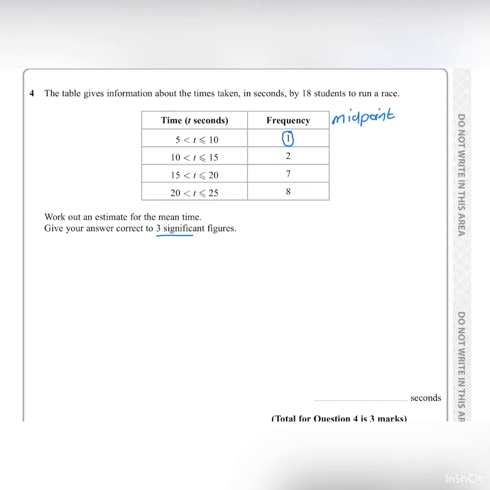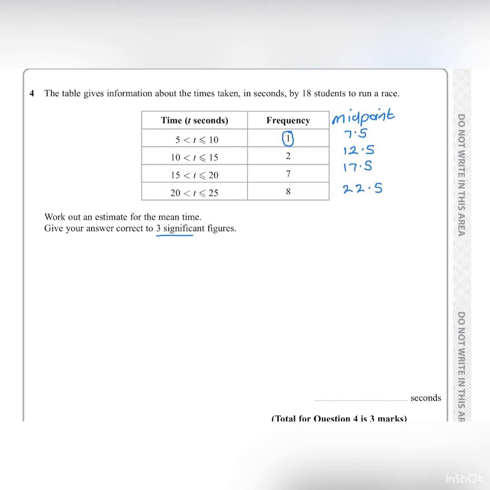The midpoint between 5 and 10 is 7.5: if you add them together, 10 plus 5 is 15, divided by 2 is 7.5. The midpoint between 10 and 15 is 12.5. Between 15 and 20 is 17.5, and then 22.5.